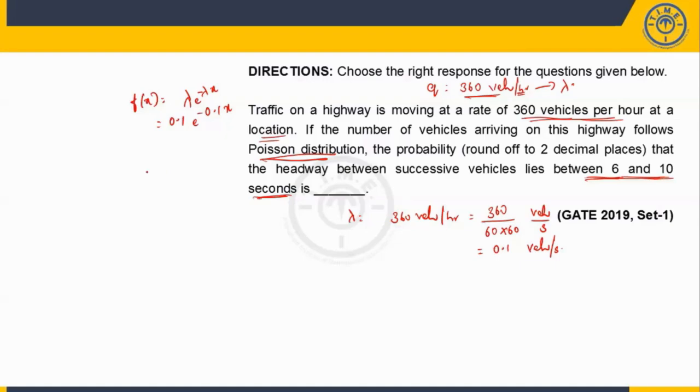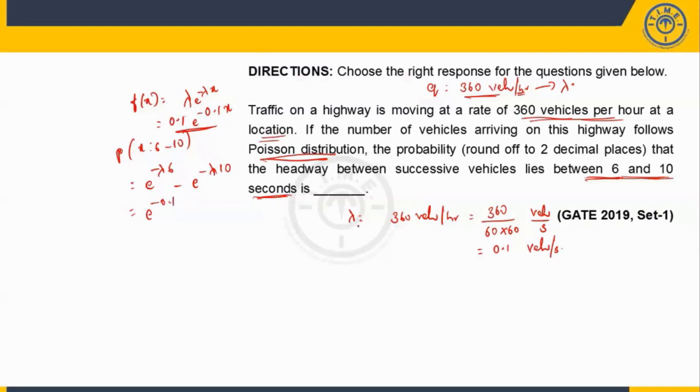So the probability that it lies between 6 to 10 seconds is e power minus lambda into 6 minus e power minus lambda into 10.